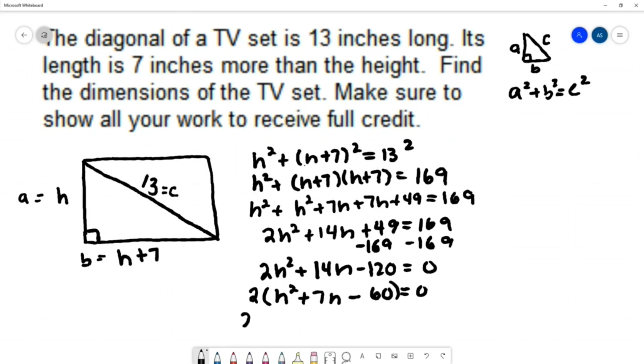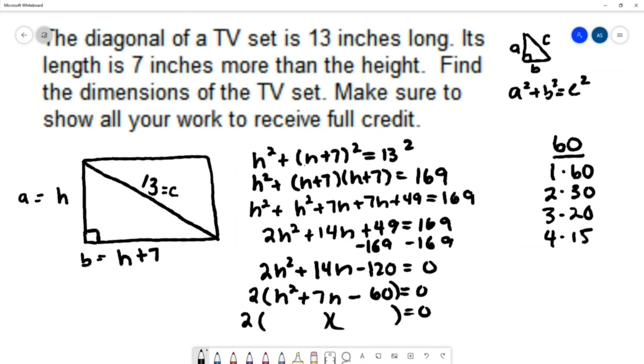And now I want to try to factor this trinomial h squared plus 7h minus 60. I need to know the factors of 60. So 1 times 60, 2 times 30, 3 times 20, 4 times 15, 6 times 10.